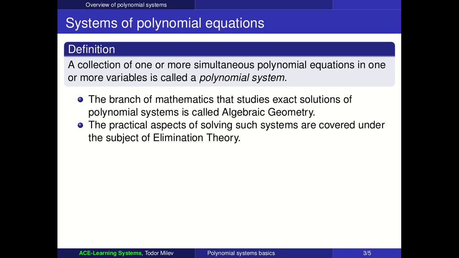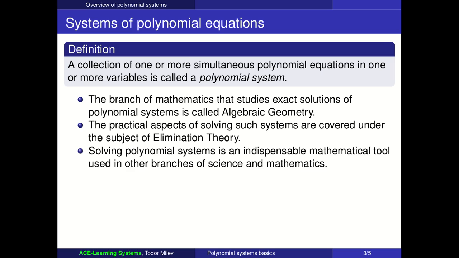That is called the subject of elimination theory. So how to practically solve polynomial systems, that is the subject of elimination theory. Solving polynomial systems is an indispensable mathematical tool which can be used in other branches of mathematics as well as directly in the other sciences.